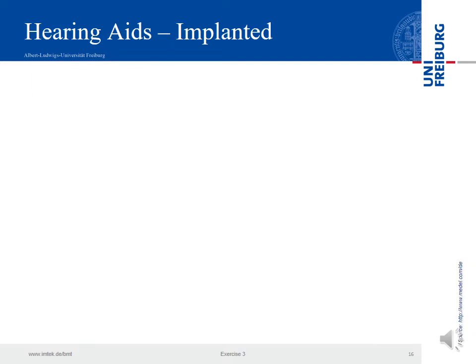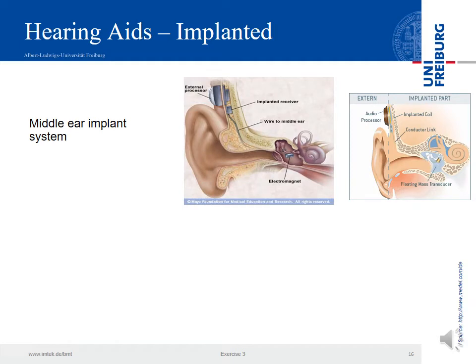Audio processor, mostly external, wireless transmittance of energy and information, that means data from the outside sound, implanted receiver, a cable to the middle ear, and an electromechanical transducer, might it be a kind of electromagnet, might it be a piezo transducer.